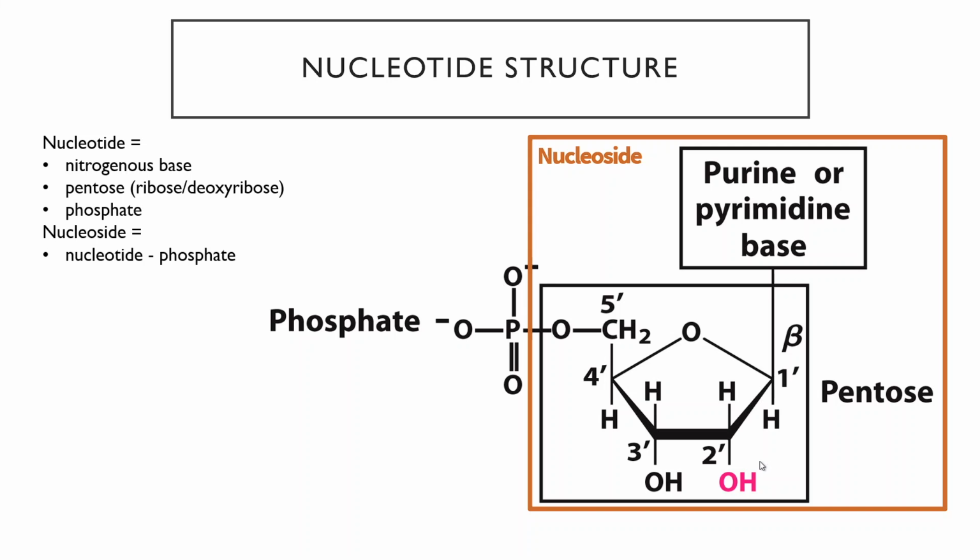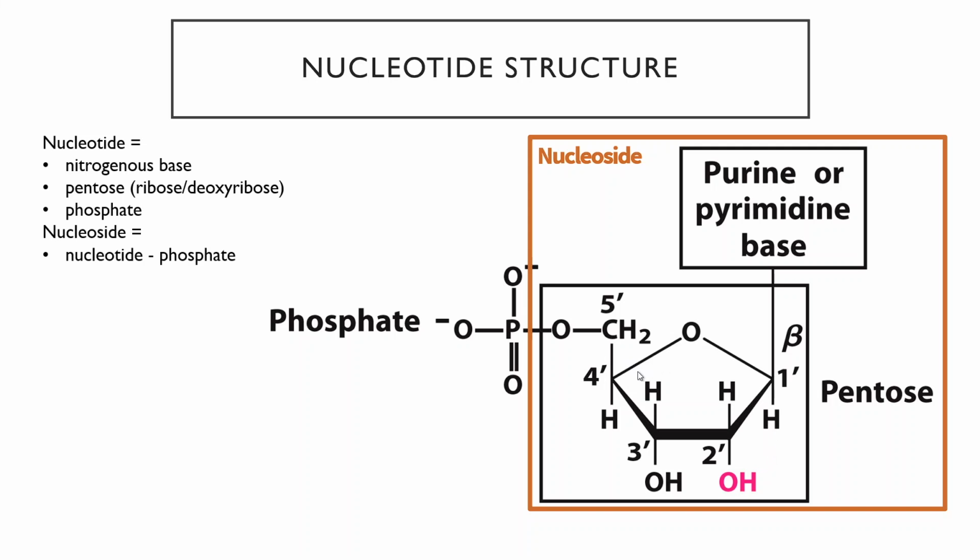So if there's an oxygen there, we just call it ribose. If there's not an oxygen there, we call it deoxyribose. So when we talk about ribonucleic acid or RNA, we're talking about that kind of ribose. Whereas if it's DNA, that's deoxyribonucleic acid.